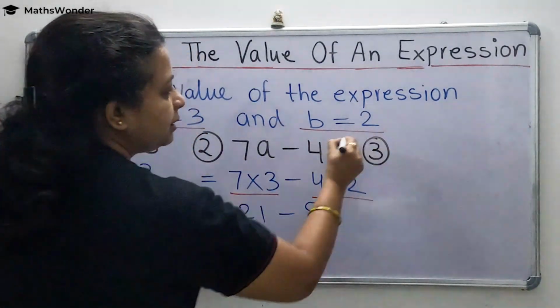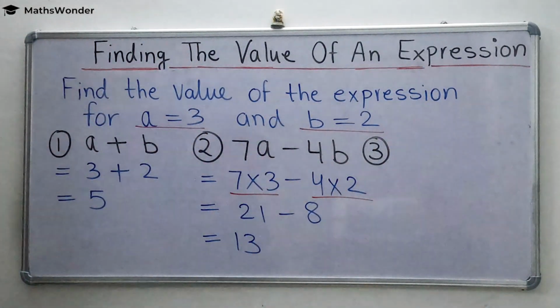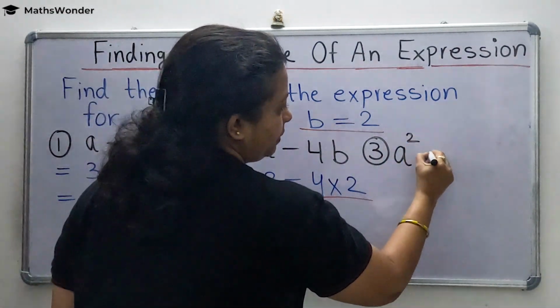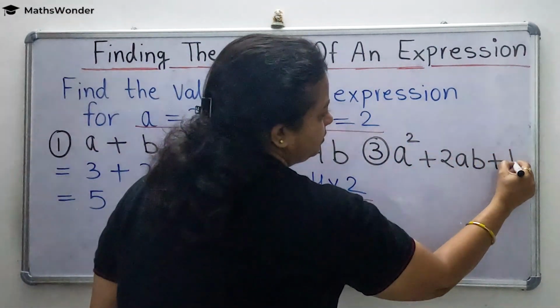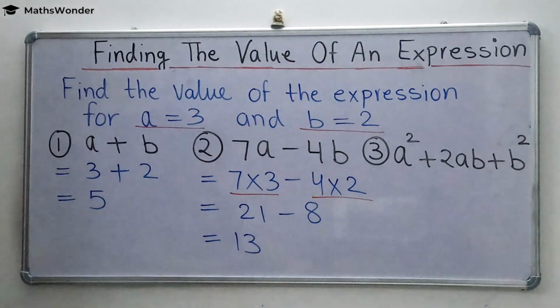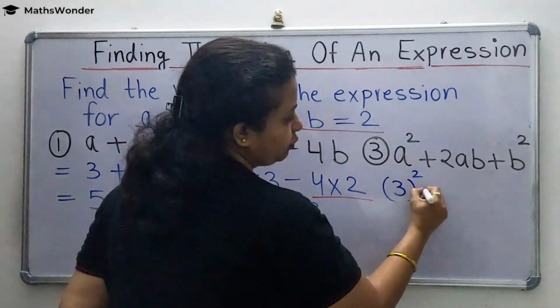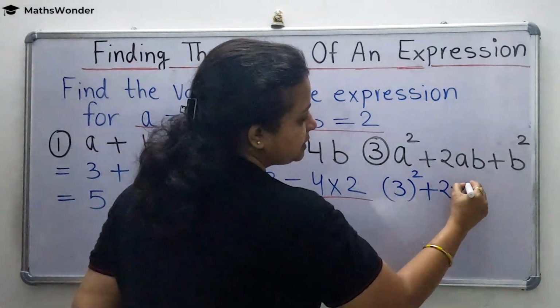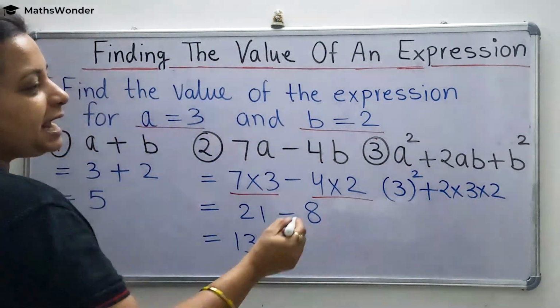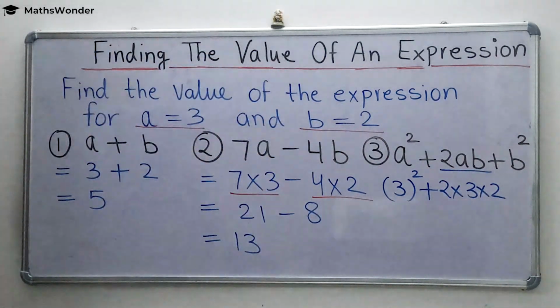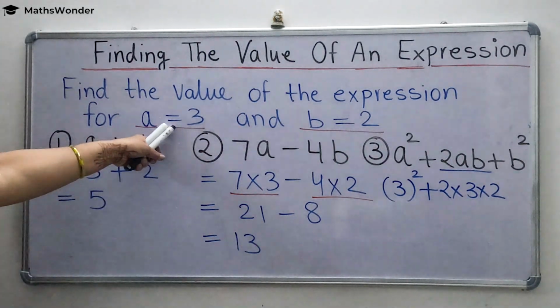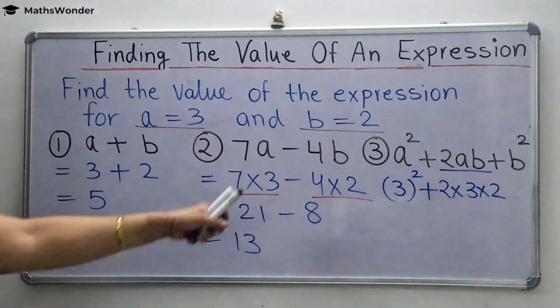Now the third example, I want to write it here only. A square plus 2AB plus B square. Now substitute all the values in the expression. A square, A value is 3, so you will write 3 times 3, 3 square. Then 2 times 3 times 2, because 2AB means 2 times A times B. 2 is already a given number, A is 3, and B is 2, already given in the question.